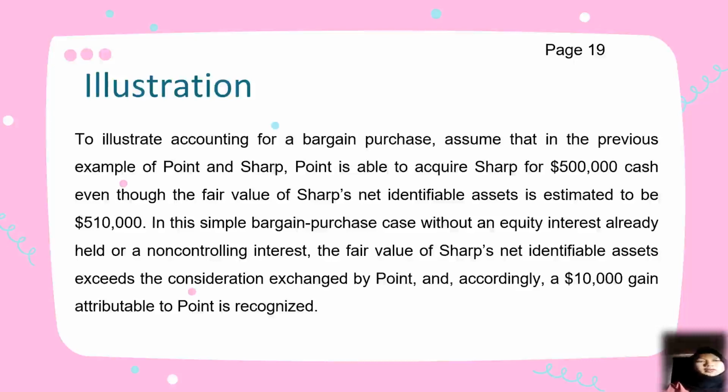In this simple bargain purchase case without an equity interest already held or non-controlling interest, the fair value of Sharp's net identifiable assets exceeds the consideration exchanged by Point, and accordingly, a $10,000 gain attributable to Point is recognized.